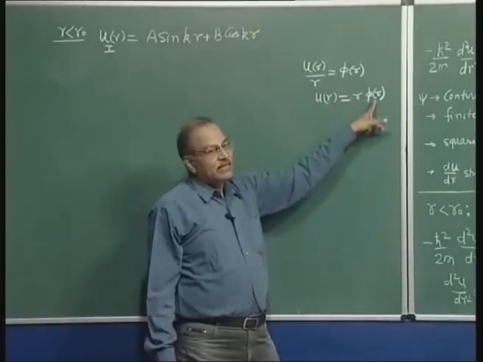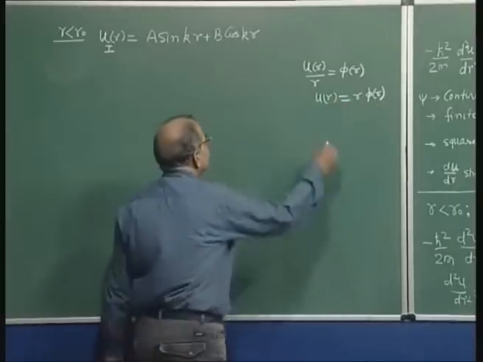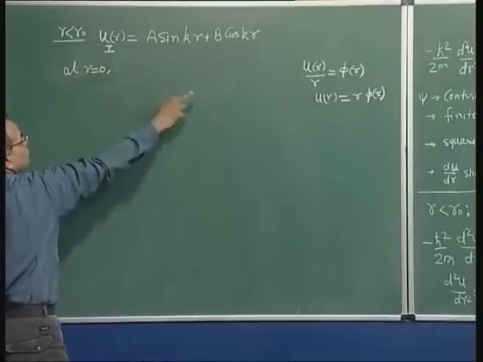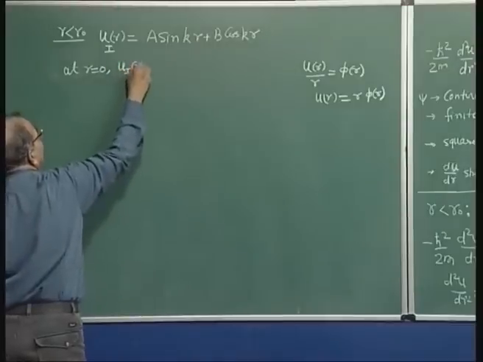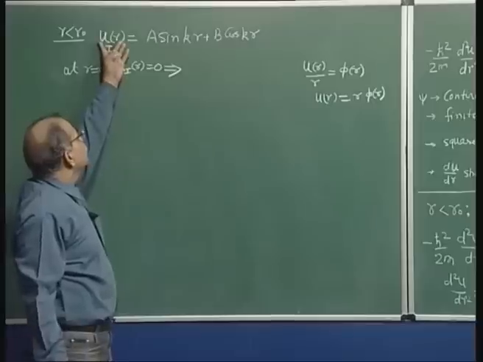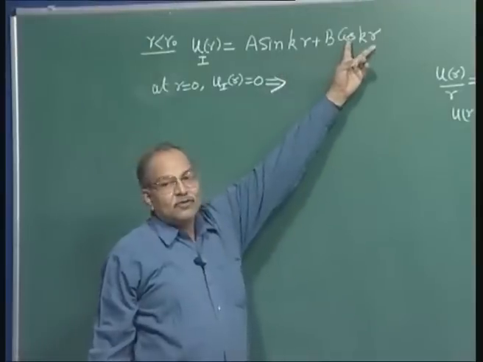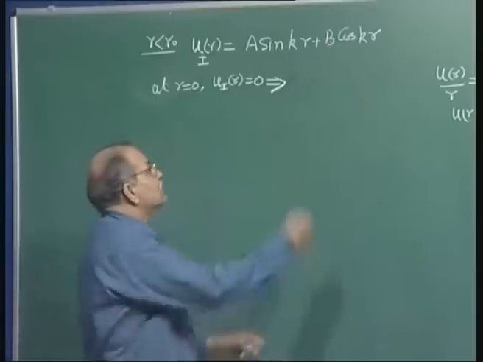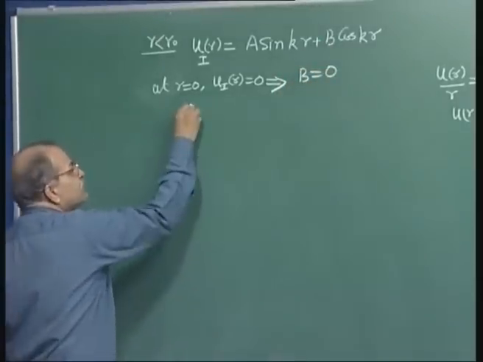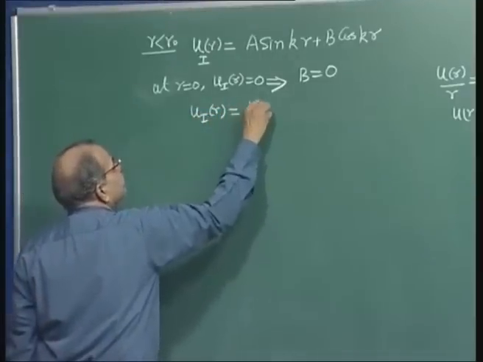If you put r equal to 0 here, the sine is 0 and cos kr is 1, so it is just b. So it gives me b equal to 0, and hence u1 of r is just a sin kr.